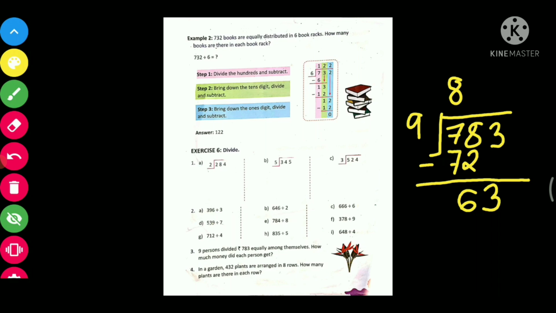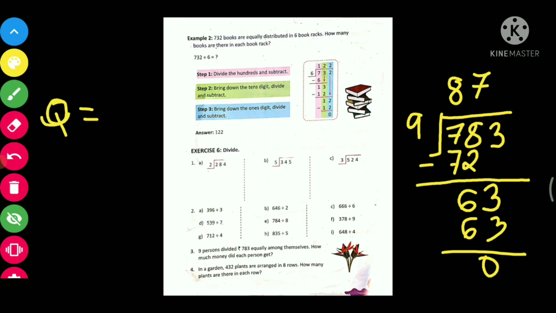9 7s are 63, right? So our quotient is what? 87, and our remainder is what? 0. So as our remainder is 0, that means nothing is left behind, right?